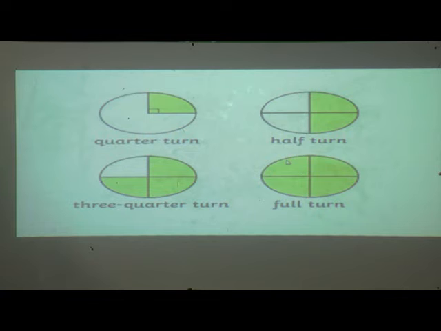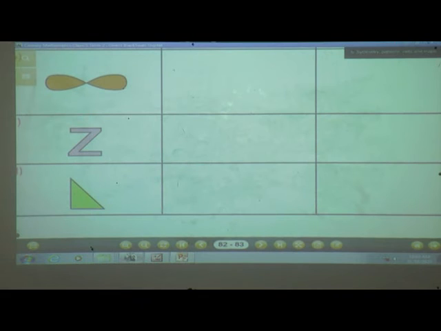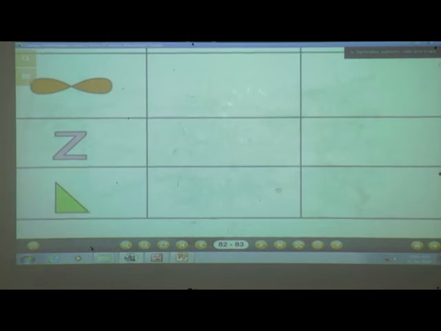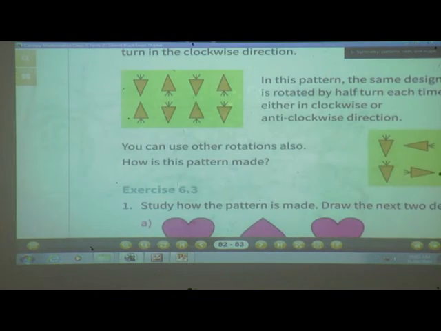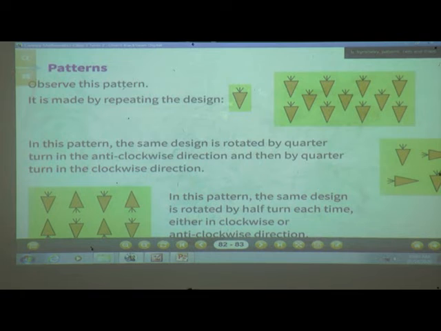So students, now we'll see patterns. Open page number 83. Observe this pattern. It is made by repeating the design, isn't it? See, same design but in a different pattern.